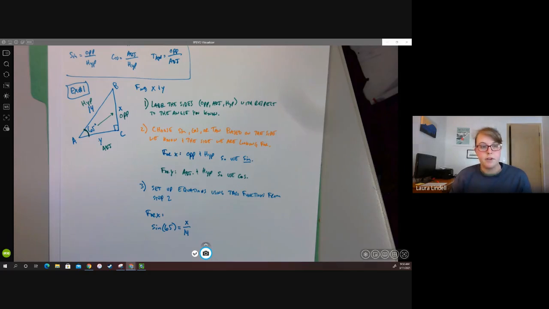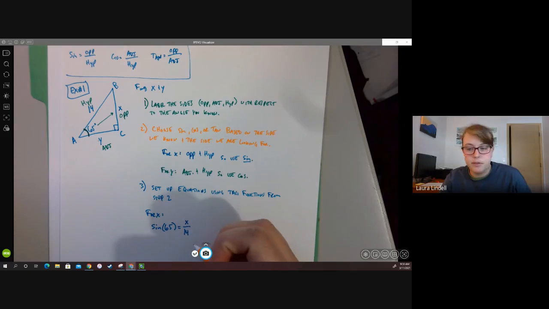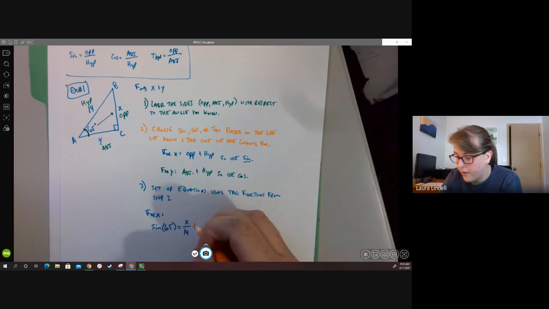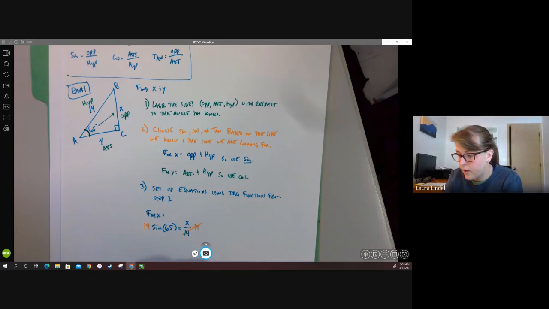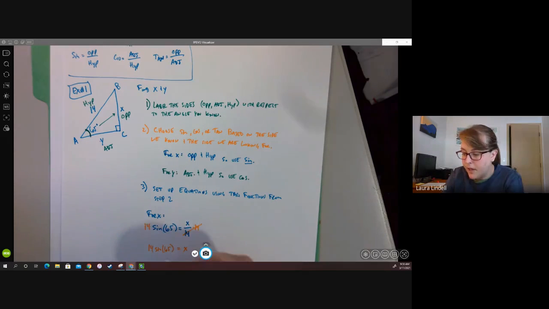And now what we want to do is solve this equation. And so to solve this equation, to get x by itself, all we have to do is multiply by 14 on both sides. So now we get 14 sine of 65 is equal to x. And this can be typed into the calculator.